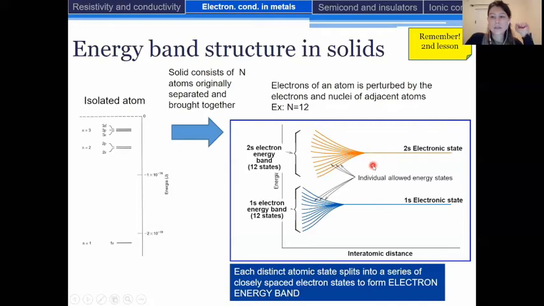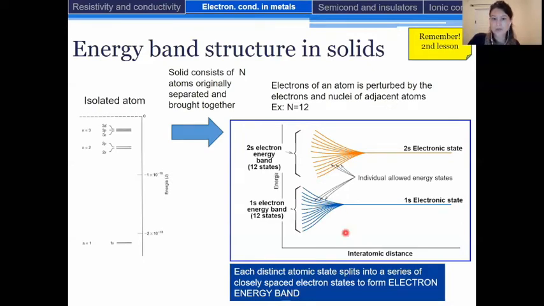And you can see that as the interatomic distance decreases, the first electronic state that will be impacted is the outer shell. So it is the one of highest energy that will first feel the presence of the other atoms. And when the atoms get closer, the other electronic states will feel the presence of these other atoms. This depends, of course, on the equilibrium interatomic distance.